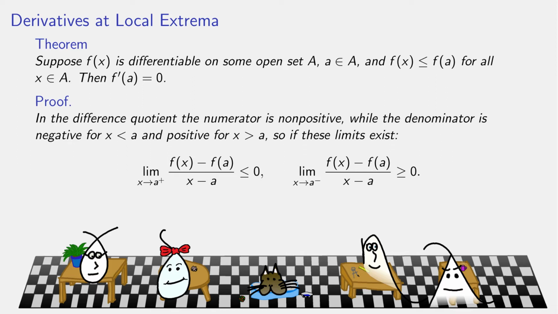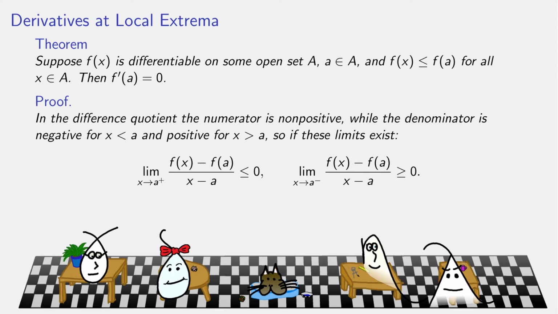So in both limits, that numerator f of x minus f of a is less than or equal to 0, because f of a was the maximum value. However, the denominator changes sign. If x is approaching a from above, then x minus a is positive. If x is approaching a from below, then x minus a is negative. So I have a non-positive number in the numerator, and the denominator is on one side positive, but on the other negative. But the limit is assumed to exist and be equal.